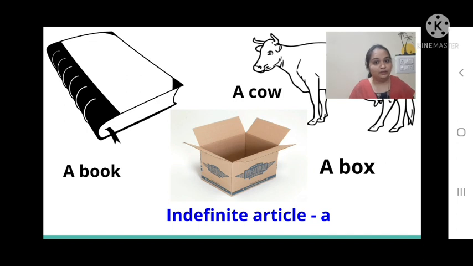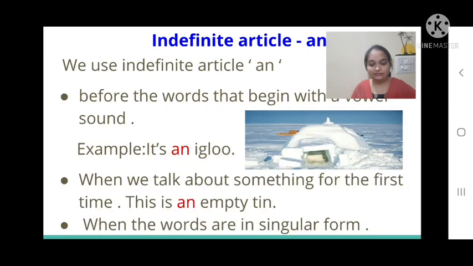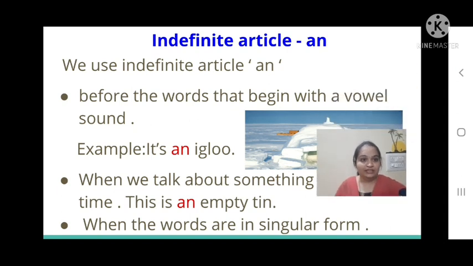Let us know when to use an. We use the indefinite article an before words that begin with a vowel sound. So to use an, we need a word whose first letter has a vowel sound. Then we use an before that word.